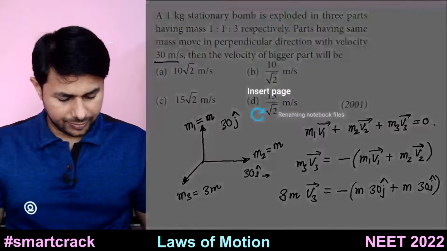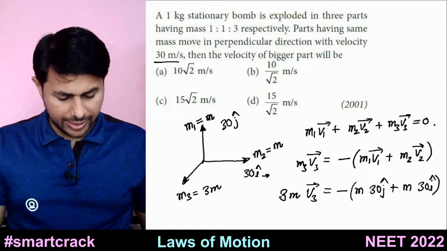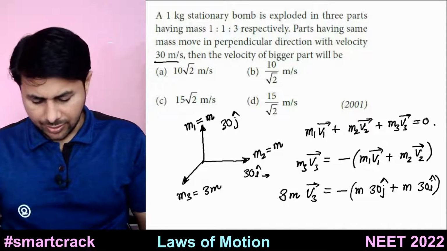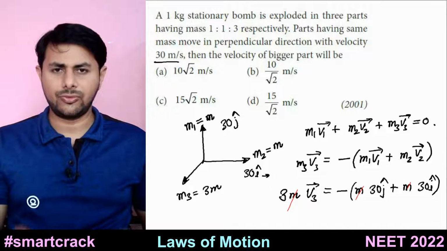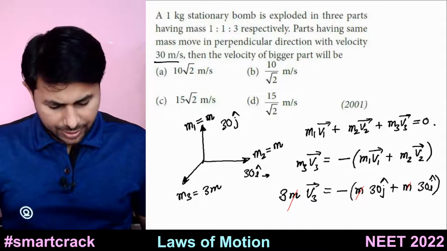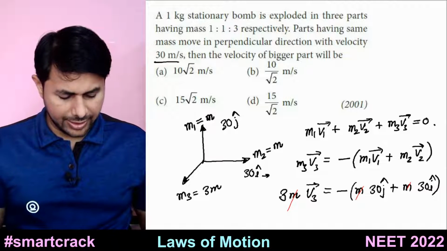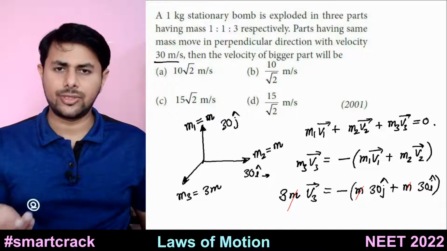So what do we get? m and m get cancelled out, as you can see. We can take it common and cancel it out, and then we can take 3 on the other side, so it goes into the denominator.